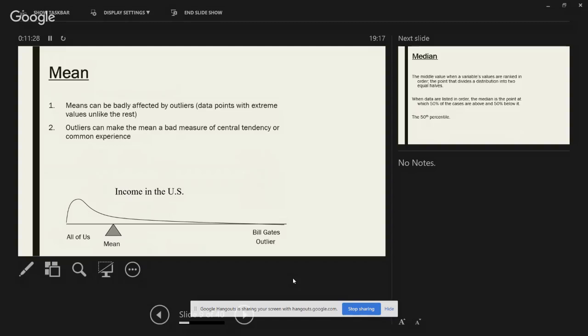Now we say that out of these 1,000 people, 998 people have a salary somewhere around $80,000 to $120,000. And then there is one person, like Bill Gates, in our sample, where we are trying to calculate the average income, or the mean income, of these 1,000 people, and Bill Gates is also in the list.